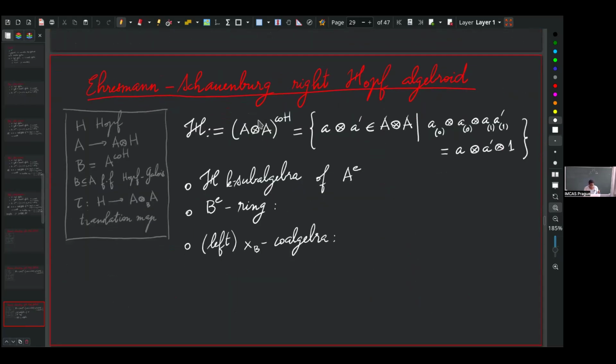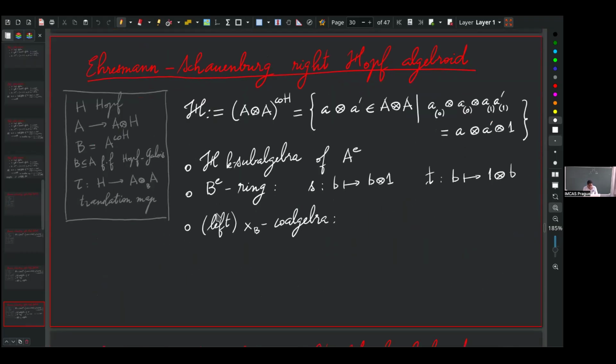Then we can check that if I consider H as a subspace of A tensor A, it is closed under multiplication and it contains the unit. Therefore, H has a natural K-algebra structure. It also has a natural B-E ring structure, which is given by sending the elements of B to each side of the tensor product.